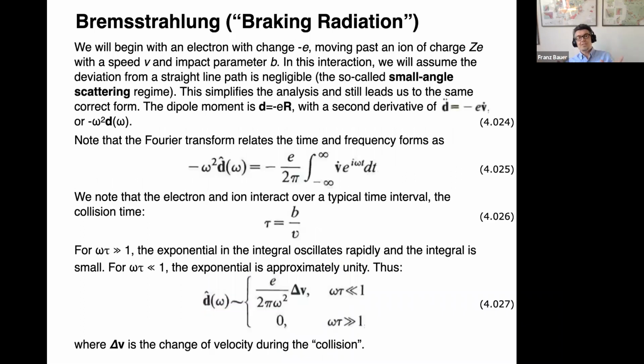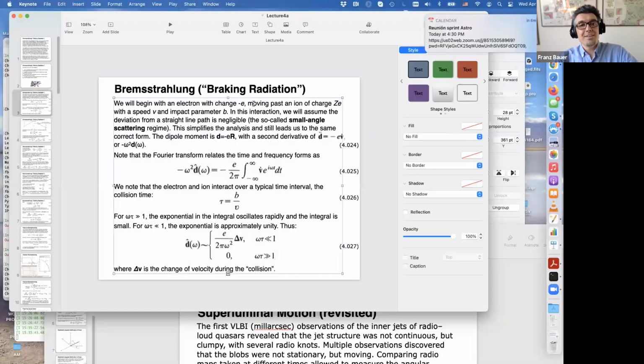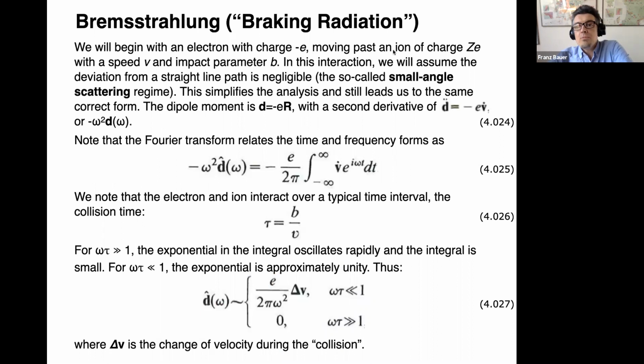So let's start with our electron. It has a charge, not a change. It should be charge. And it's going to be moving in the vicinity of an ion with a charge Ze, where Z is the atomic number, or the proton number.